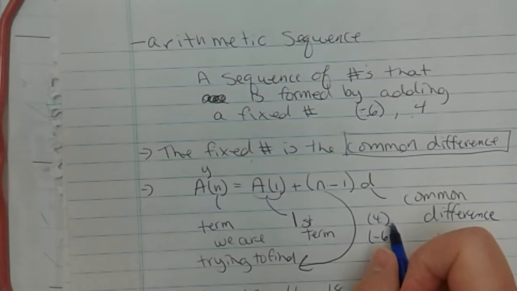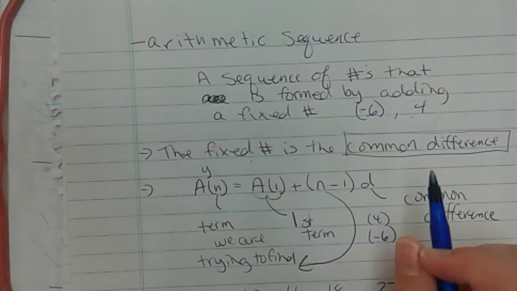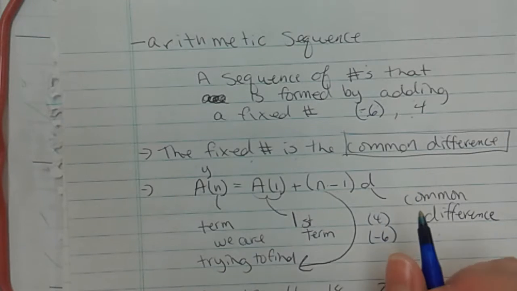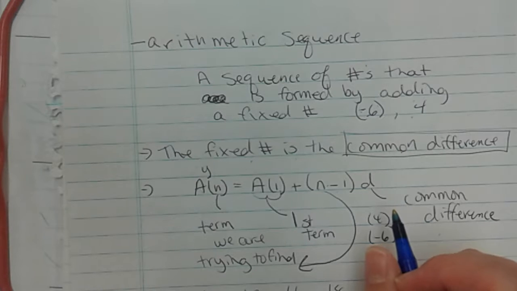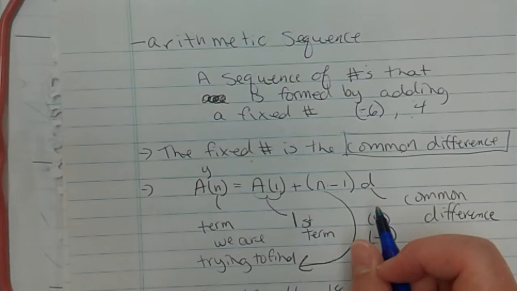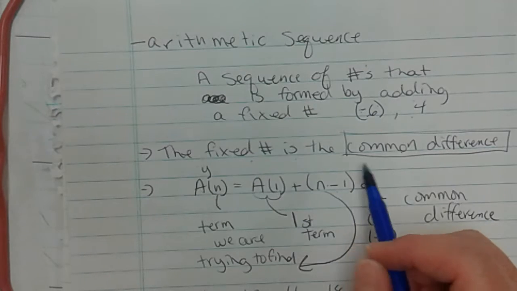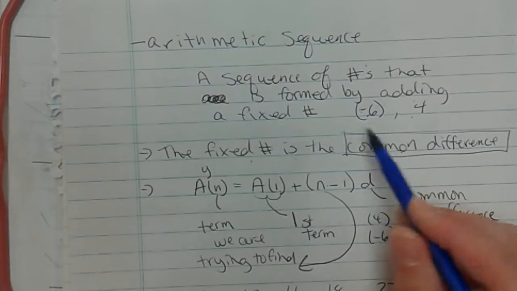Let's say I had 10, 100, 1,000, 10,000. Those are all being multiplied by 10, right? So that would not be an arithmetic sequence.